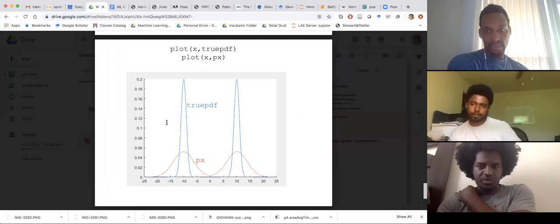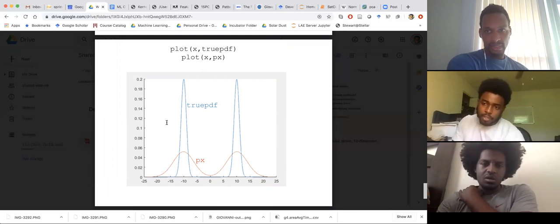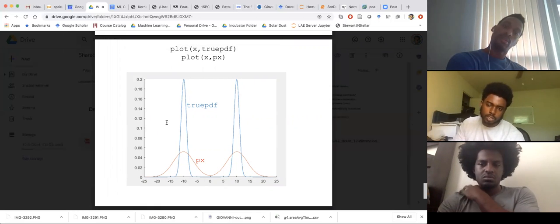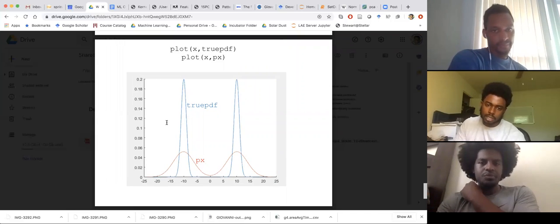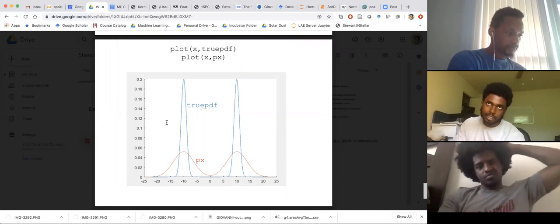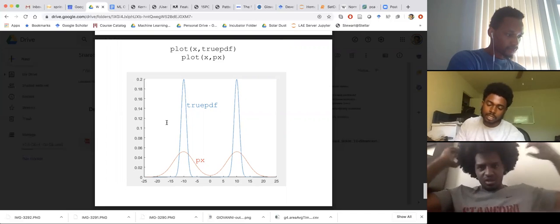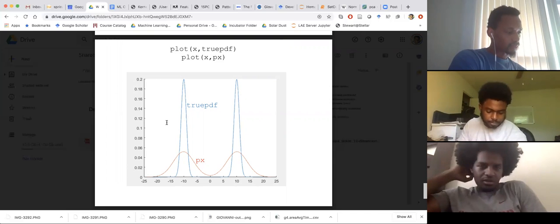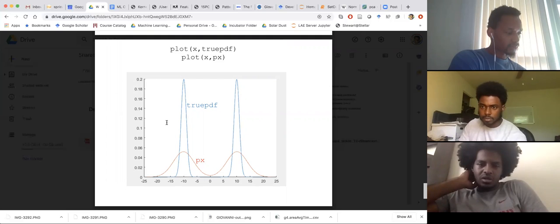Is it just another way to visualize data? I think it shows that you have to be smart about choosing your kernel estimator, perhaps. I guess I'm struggling to understand because if you already know your PDF, you can just integrate your PDF to get your cumulative density function.